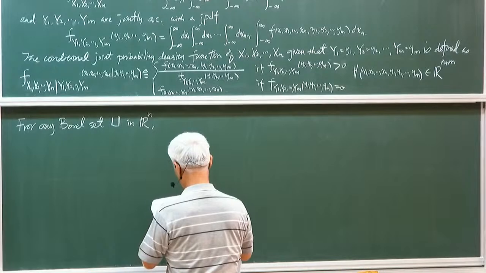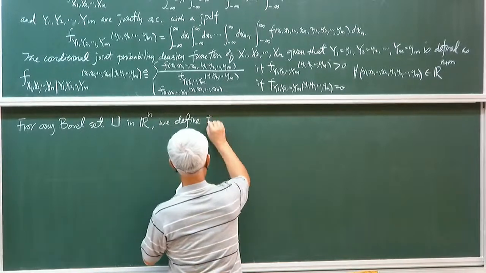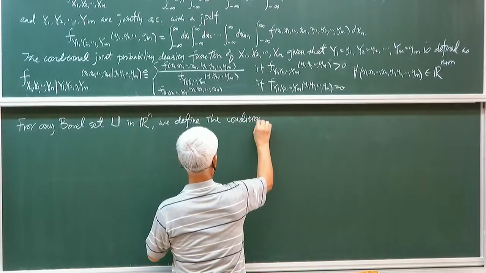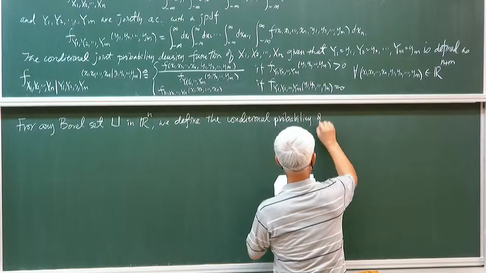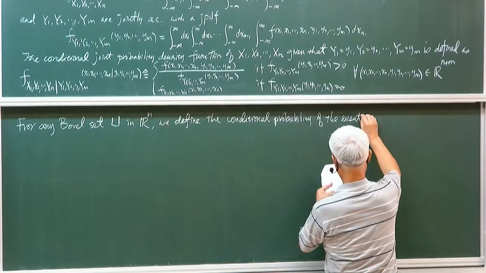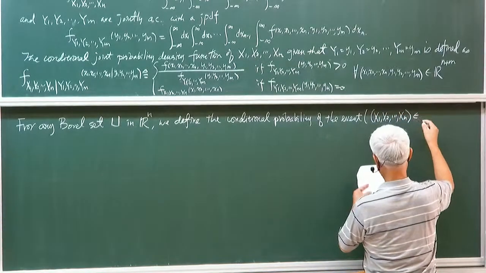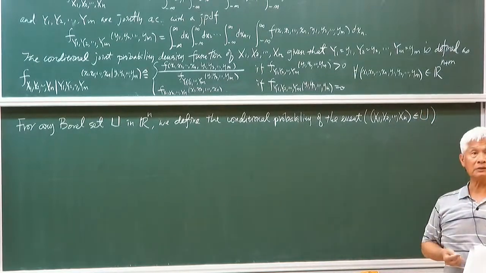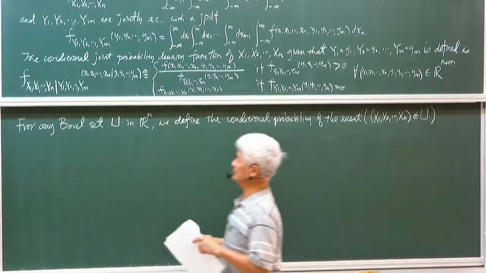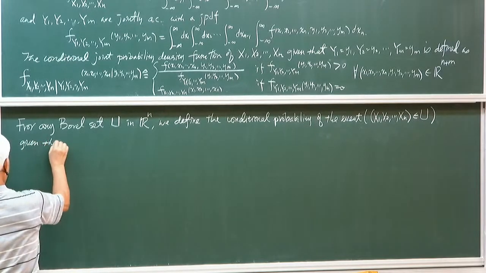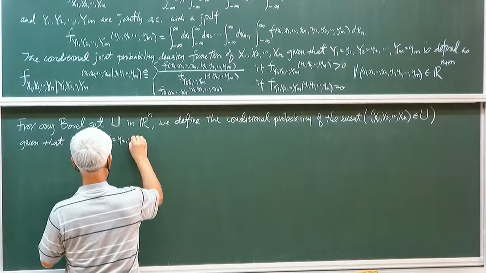So for any Borel set U in R^n, we define the conditional probability of the event that the X random vector has a value in the n-dimensional Borel set U, given that the Y random variables have a specific value.